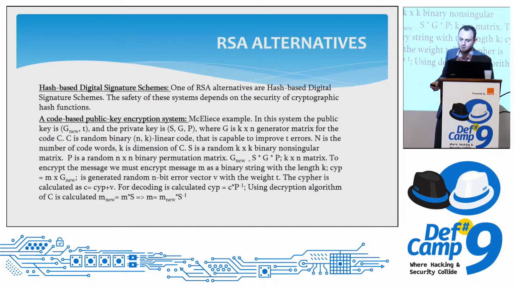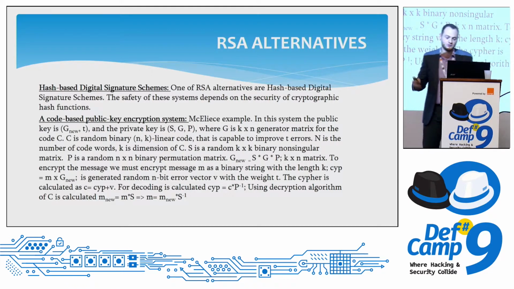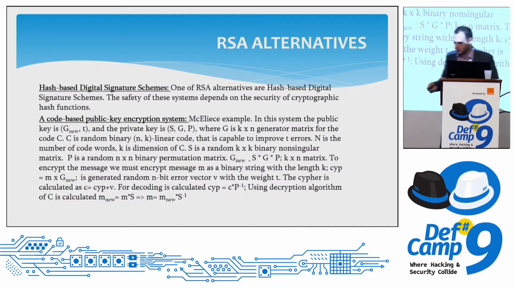Another one is the code-based public key crypto system. The obvious example of it is McEliece's crypto system. Very quickly, how it works. It has the public key G_pub, t, and the private key is S, G, P. G is the generator matrix for code C, and this code is capable of fixing t errors.